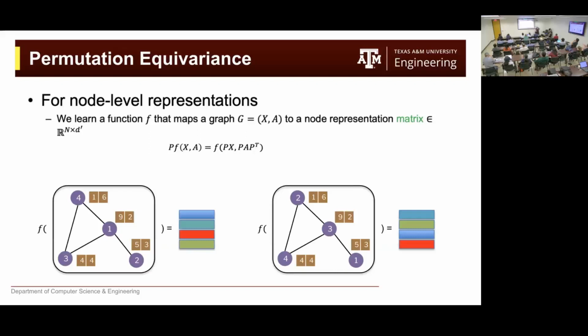Basically, if you learn a node-level representation and you permute the nodes, the output is just a permuted version of the representation you learned from the original graph. This is called equivariance. If you change the input and learn a representation, then you should apply the same transformation on the output. That's equivalent because the representation should not change. It's just the order that has been changed.